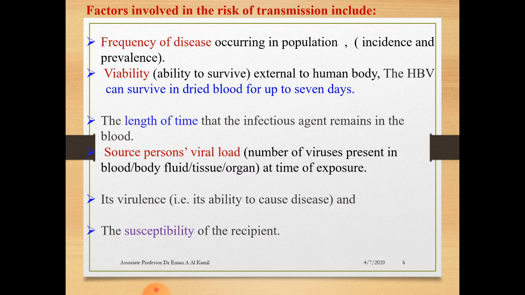Then its virulence, the ability of the microorganism or virus to cause disease in other people. And lastly, the susceptibility of the recipient. The recipients are the individuals who get the infection, and some individuals are more susceptible than others.